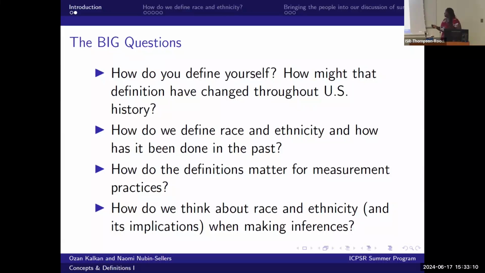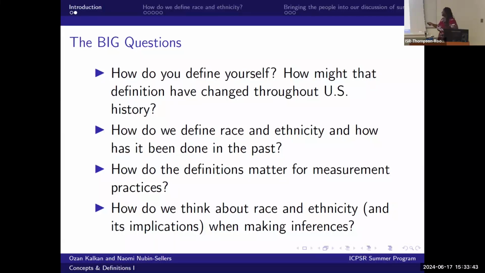But what makes this course unique is it's interdisciplinary by nature. So we'll have one exercise where we ask students to bring an example of how race ethnicity is studied from their own discipline, to just talk about the myriad of ways that race ethnicity has been quantified and how that impacts the way that we think about socialization processes more generally, which I think is just a helpful exercise.